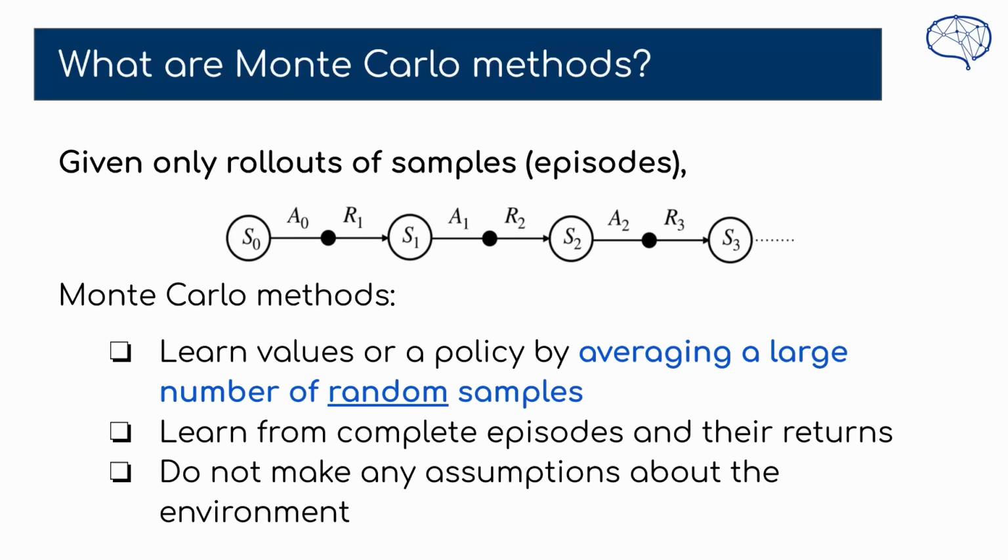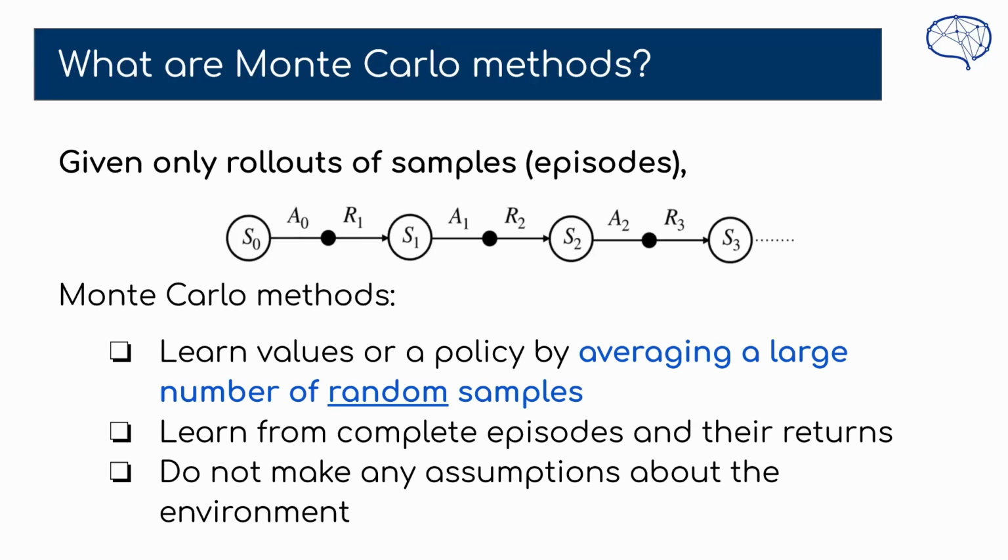So with Monte Carlo methods, when you're given rollouts of samples, trajectories of episodes of state, action, reward until terminal, you're learning the values or a policy by averaging over a large number of random samples. And you're learning from complete episodes this time. Prior to that, we were just looking at the states and the next states.